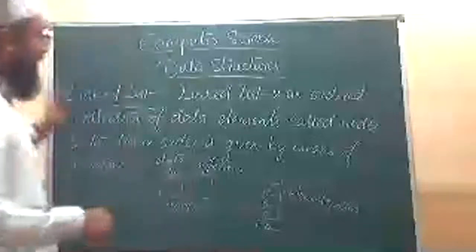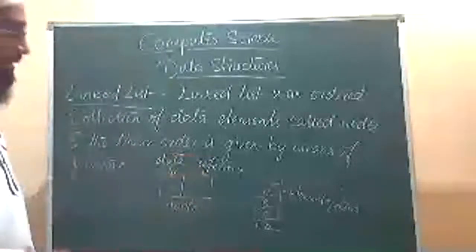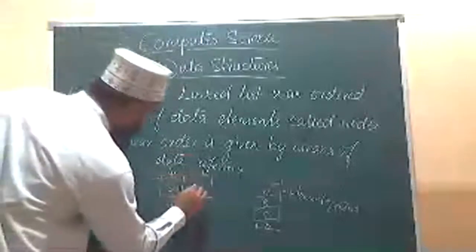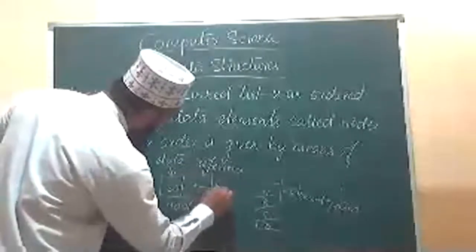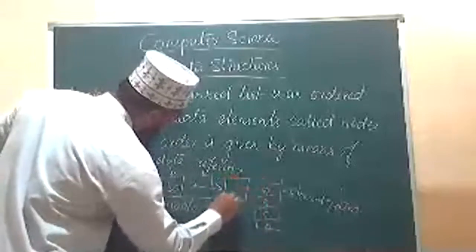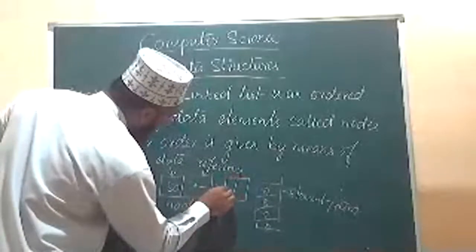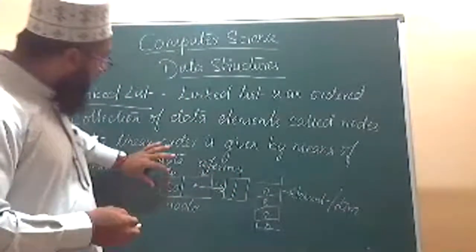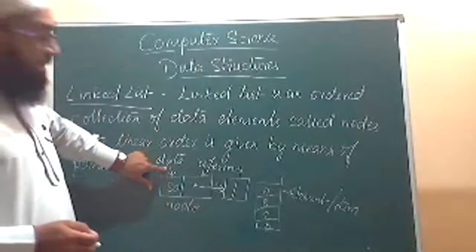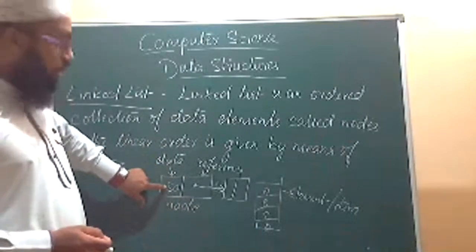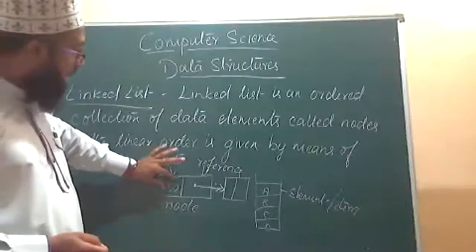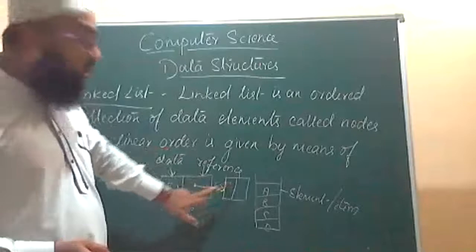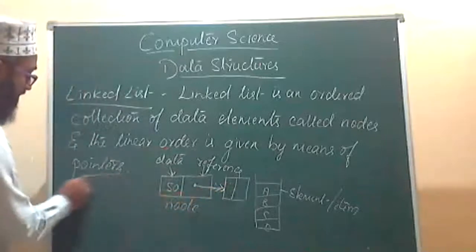Each node has two parts. It contains some data, and the reference part will be connected to the next node, because the data part contains the node's own data, and the reference part contains the link, which can be called the pointer.